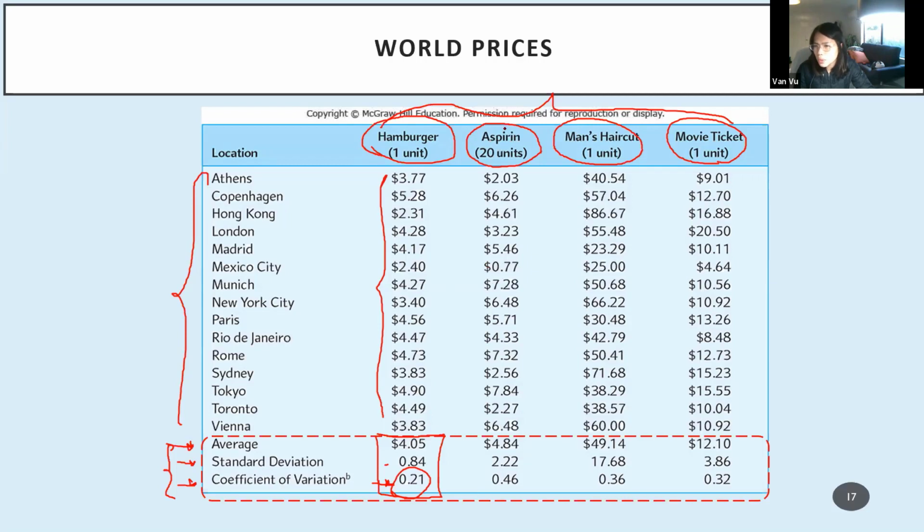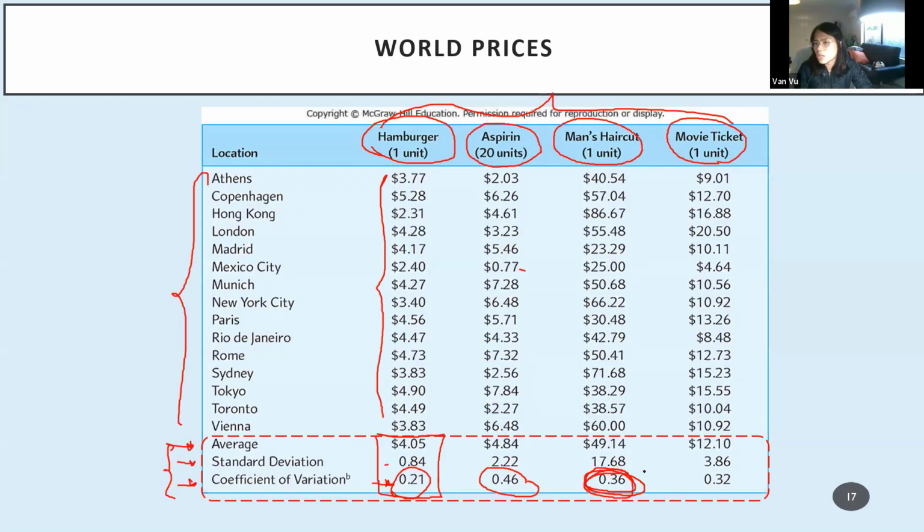Relative to hamburger, aspirin is a little bit more variable, so the coefficient of variation here is a little bit higher. If you go through the list, you will see that in some countries it's very cheap and in some countries it's more expensive. One explanation could be that in some countries there are subsidies for medical supplies and in other countries people pay full price. Similarly, with men's haircut, the coefficient of variation is quite high.